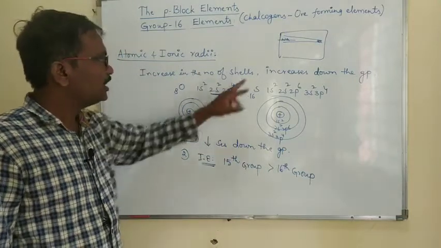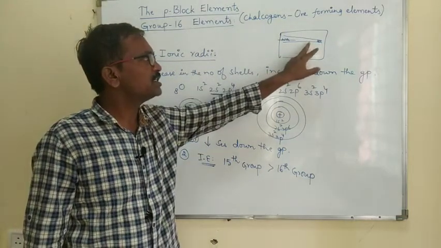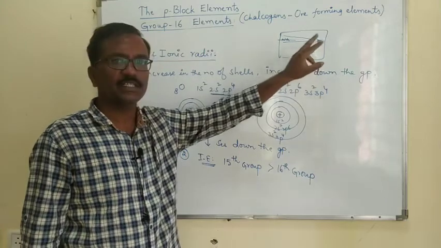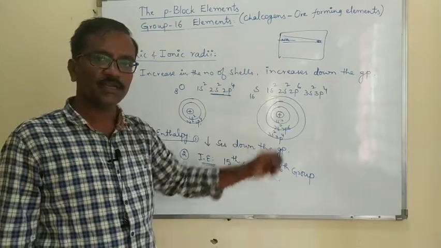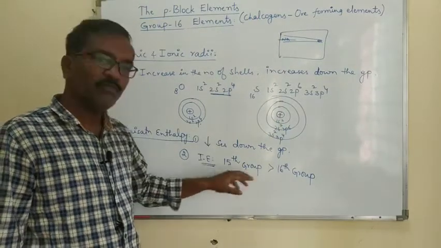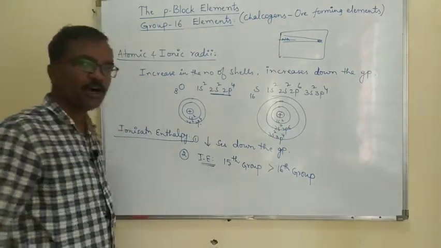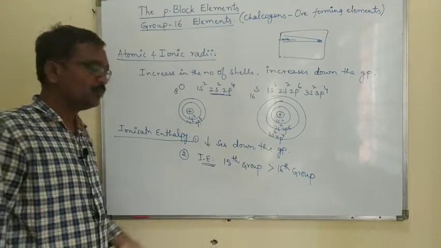In the same way, comparing the 15th and 16th groups, oxygen has a smaller atomic size compared to nitrogen. But what happens is that a half-filled orbital gives more stability.